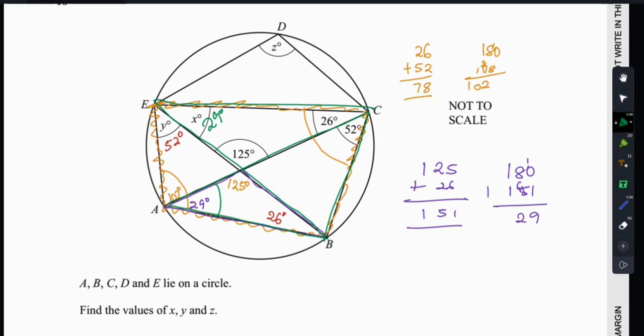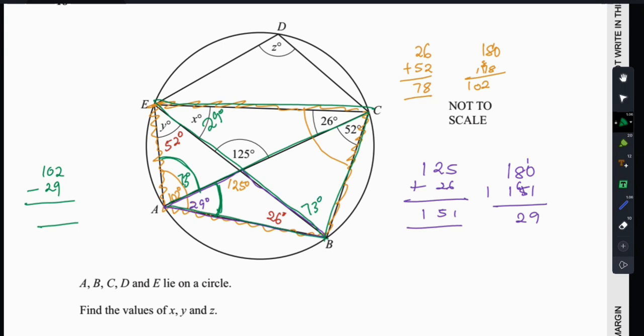If this is 29, we can actually calculate this one. So we are saying 102 minus 29. I hate these small calculations, but 102 minus 29 gives 73 degrees. This is 73, and automatically this becomes 73 degrees.